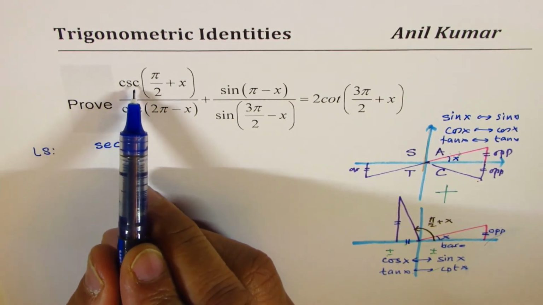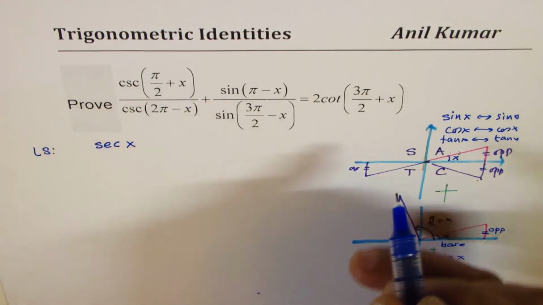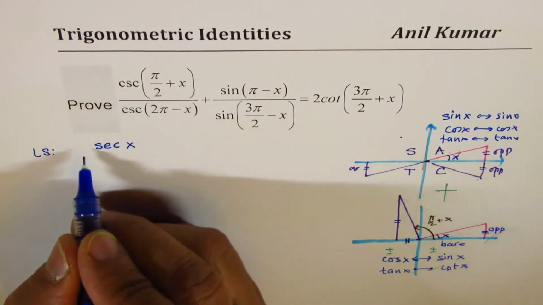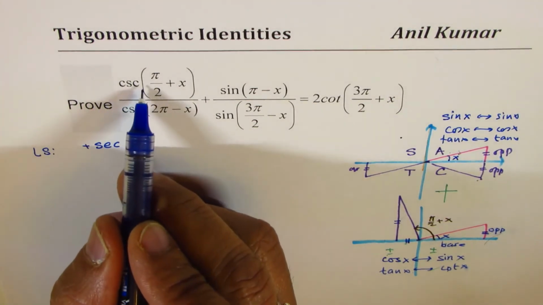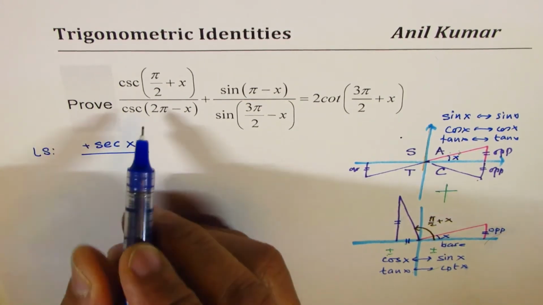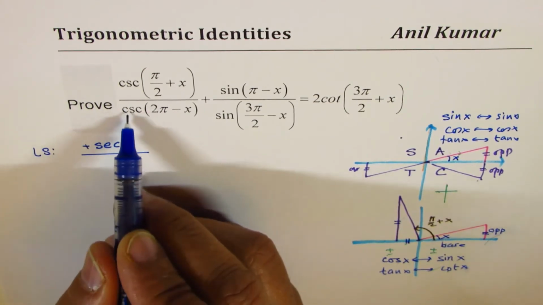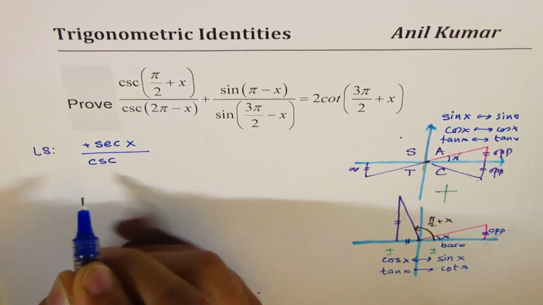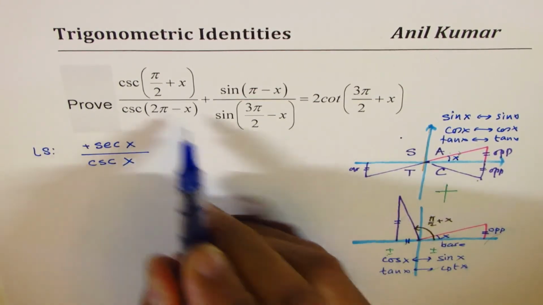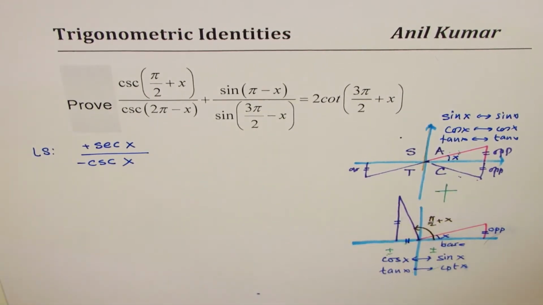Cosecant means 1 over sine, so it relates with sine. Pi/2 + x is in quadrant 2, where sine is positive, so it remains positive, divided by cosecant(2pi - x). Since it involves 2pi, cosecant remains as cosecant. 2pi - x means you are in this quadrant. Sine is negative here, so this becomes negative.